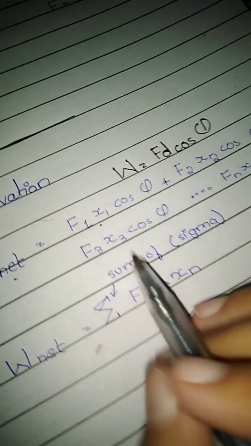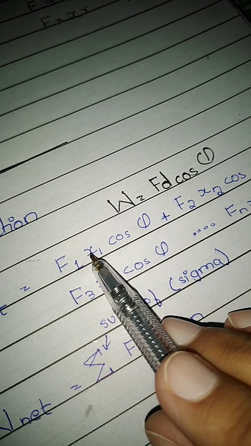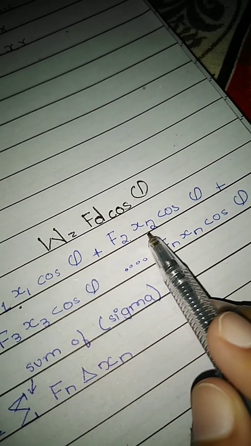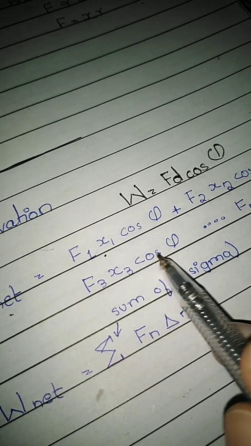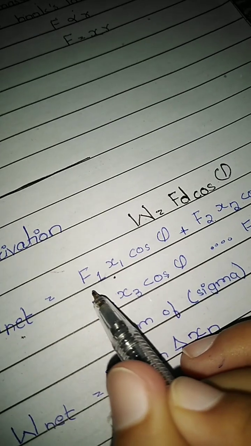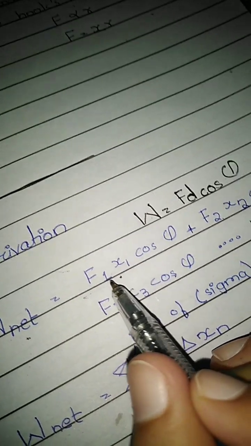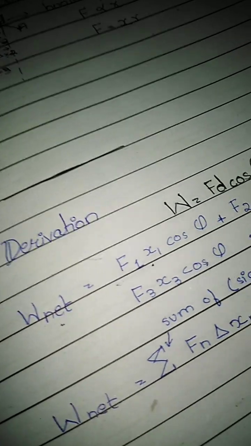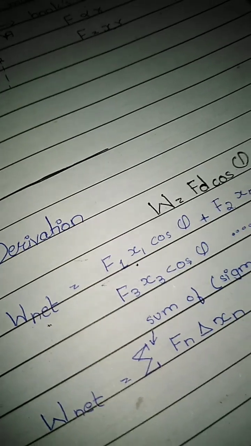So let's calculate it. The net work done is equal to F1 x1 cos theta, plus F2 x2 cos theta, plus F3 x3 cos theta. Like this we have to put the certain values that are given in the question into this formula and we can get the net work that is done.